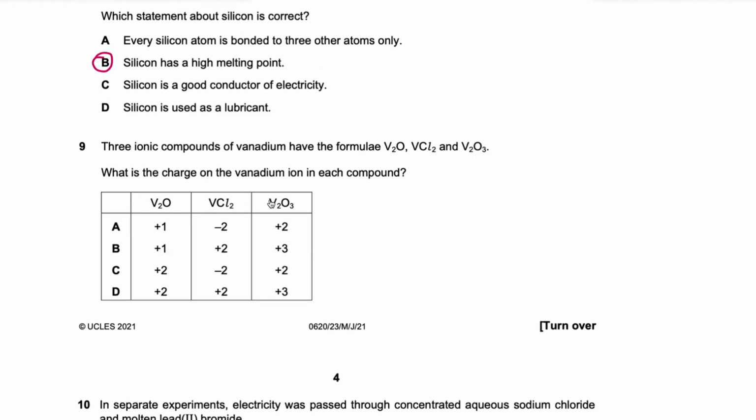Question 9 says 3 ionic compounds of vanadium have the formulae vanadium oxide, vanadium 2 oxide, vanadium chloride, vanadium 6 oxide. What is the charge on the vanadium ion in each compound? The first one, the charge will be positive 1.